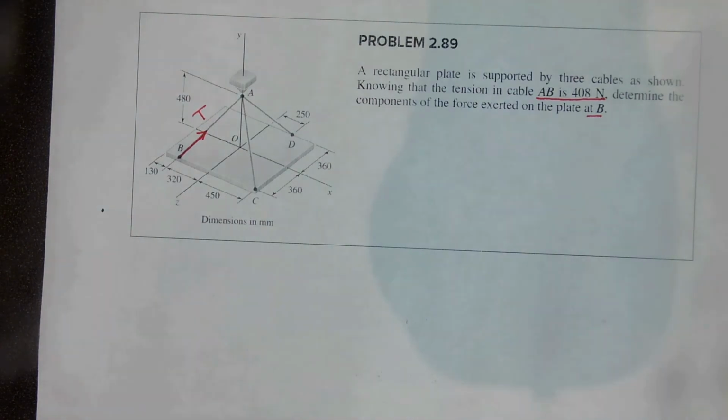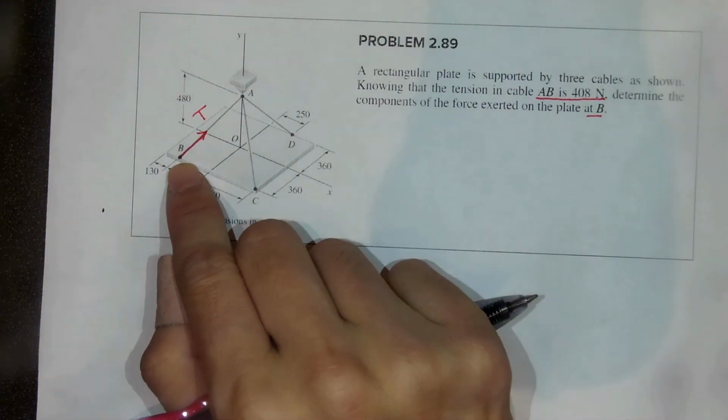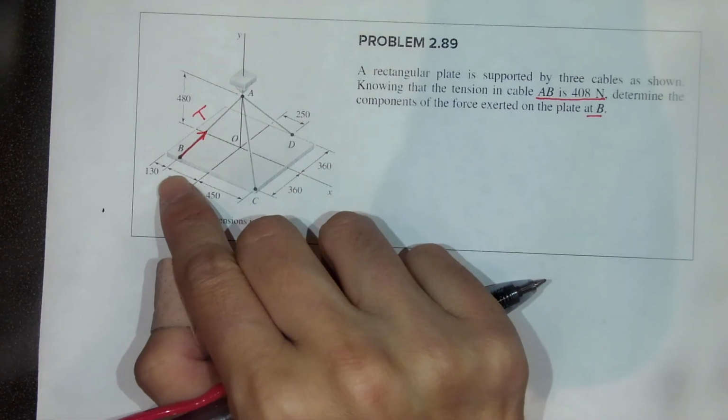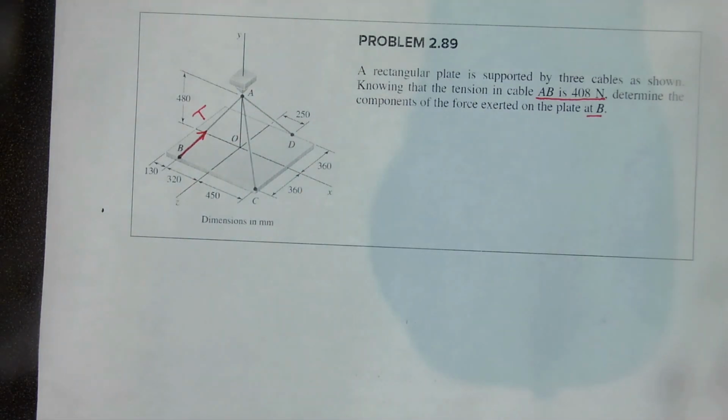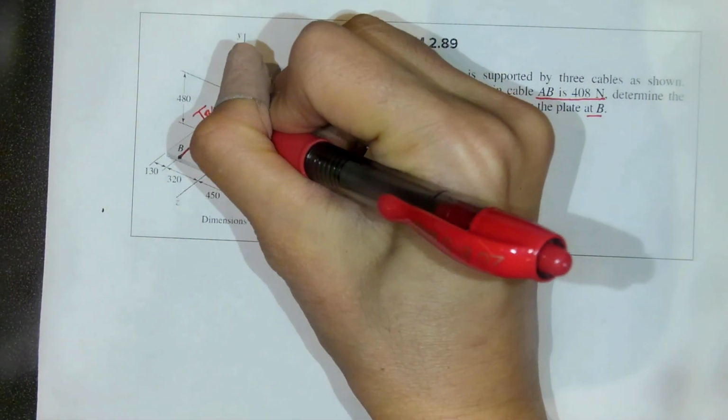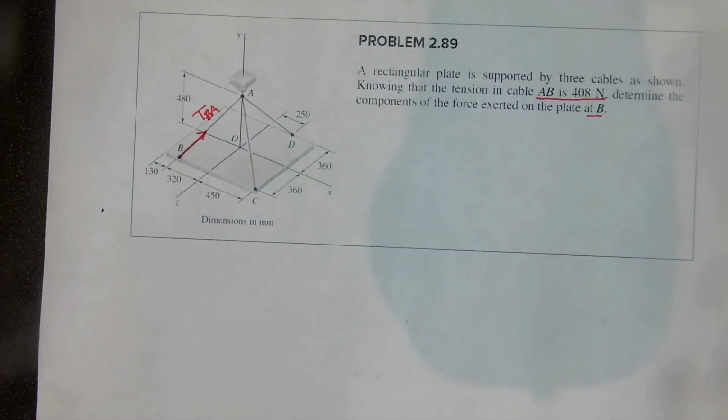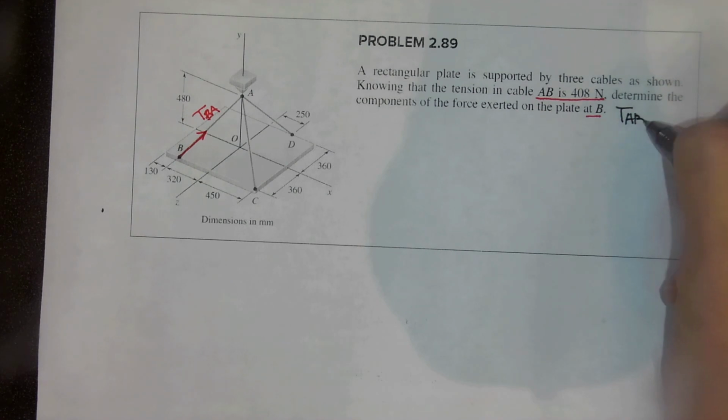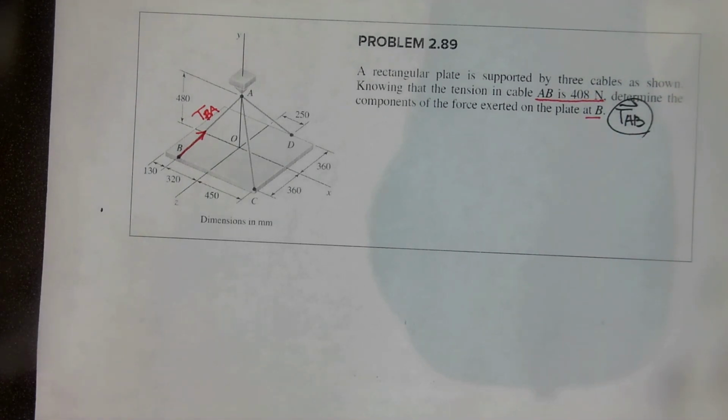So let's use this cable tension as BA, starting point and end point vector. Okay, right? BA. So this problem is to find the vector T_AB components i, j, k, so x, y, z components based on the geometry.